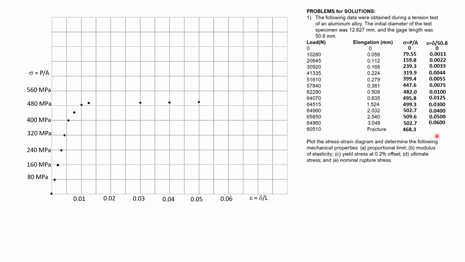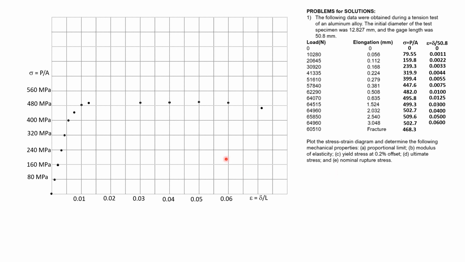Then 3.048 divided by 50.8 is 0.06, so it's here. And the stress is 502, so it drops a little. Then lastly, we have 468.3, but we do not know the elongation for that case, because at that test, the specimen fails or fractures.